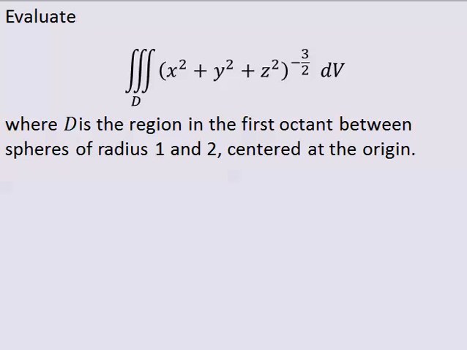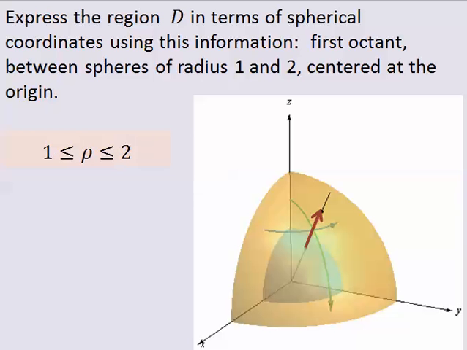So with our two spheres centered at the origin, very nicely done, what's going to be our movement of rho? Rho goes between what and what? Well, no surprise, rho goes between 1 and 2. Next, what about phi and theta?